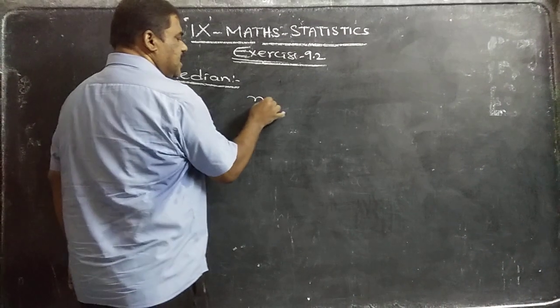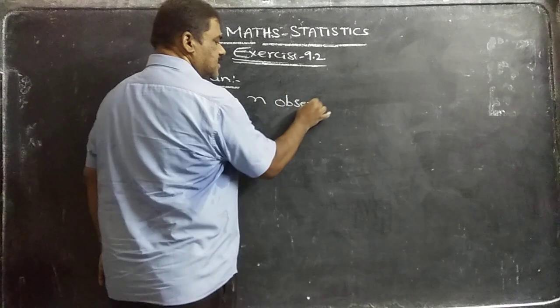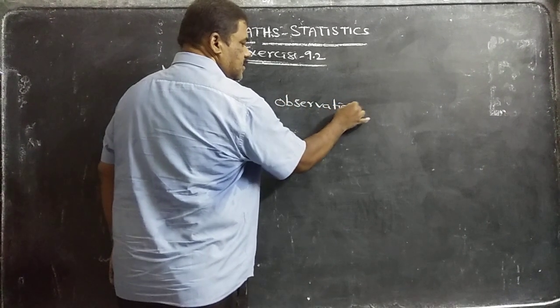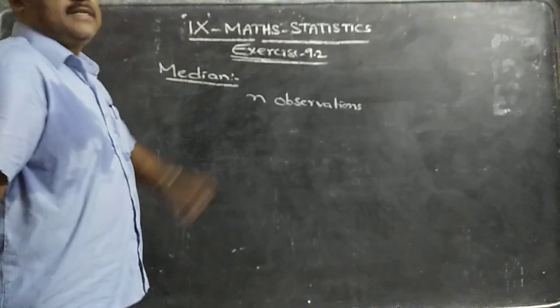Suppose there are n observations. The number of observations is n.